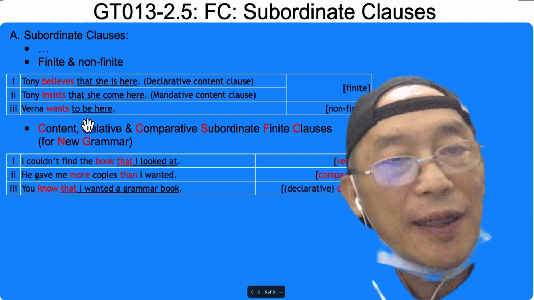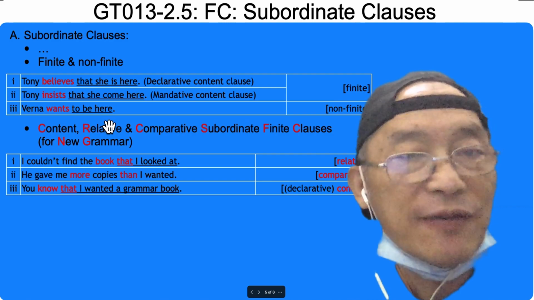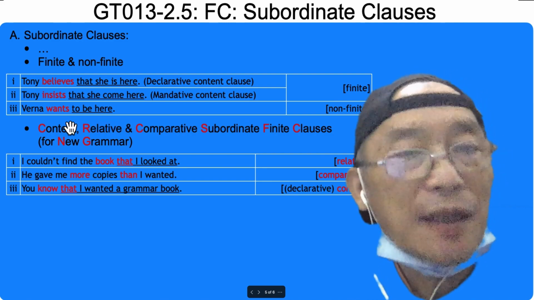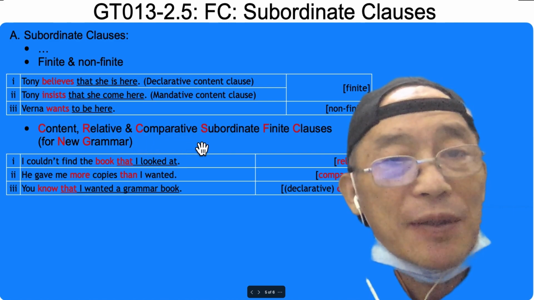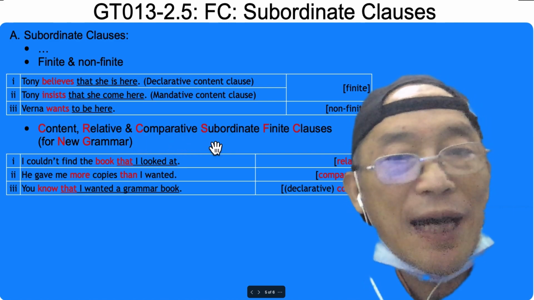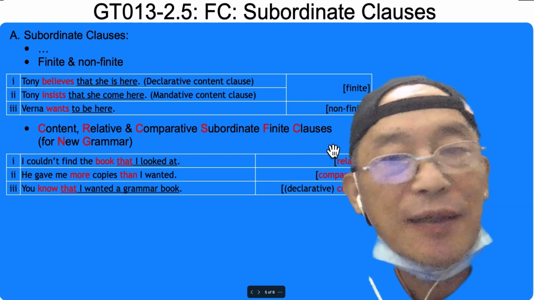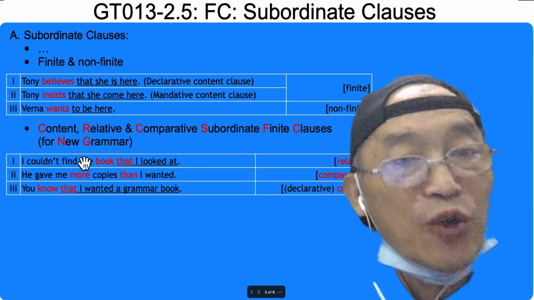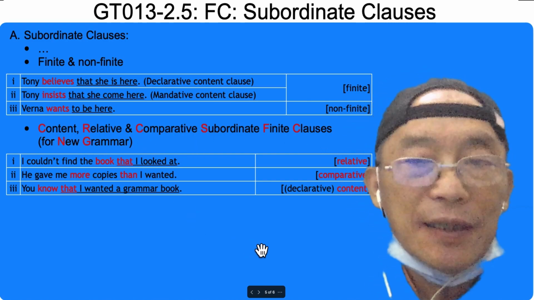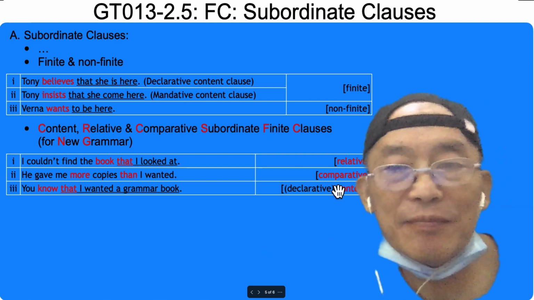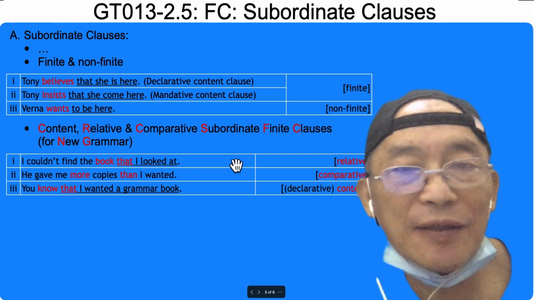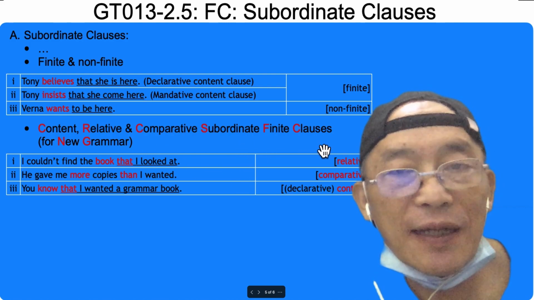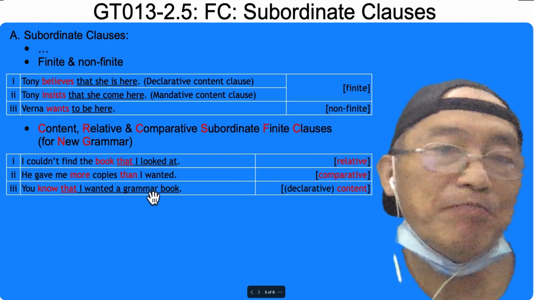So you can take a non-finite to infinitive as its complement. Content clause, relative clause, comparative clause are the three types of subordinate finite clauses for new grammar. Let's take a look. Relative, comparative, and content clause. Yeah, the three kinds of subordinate finite clause for new grammar.